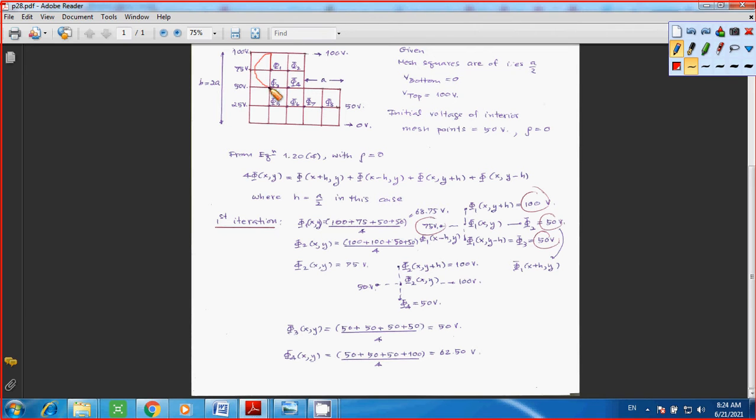But now you need to use phi 2, phi 3, not 50 volt anymore, because you already have phi 2 equal to 75 volt. You need to put phi 2 equal to 75 volt, phi 3, 50 volt, and then phi 2. What is your phi 2? You need to put 75 instead of 50 volt. Okay, so that's how to do the second iteration, and you go on and on.